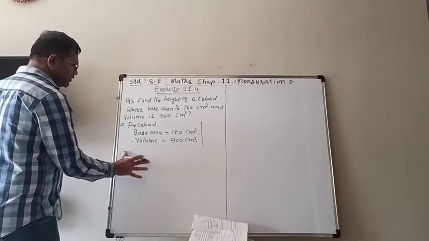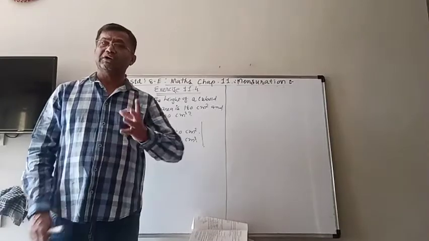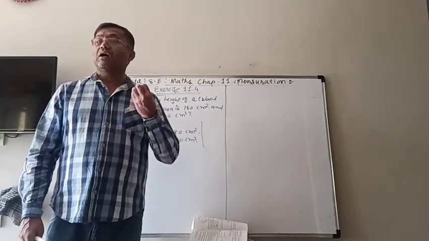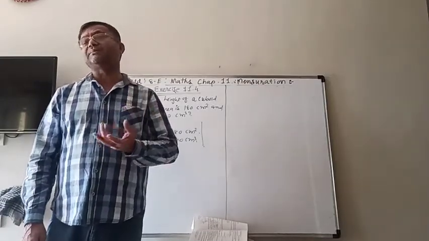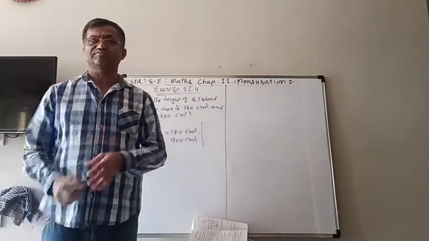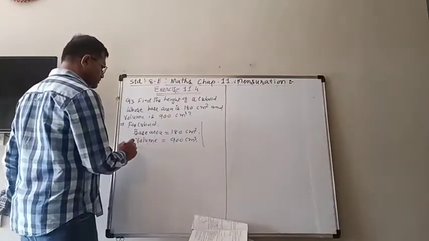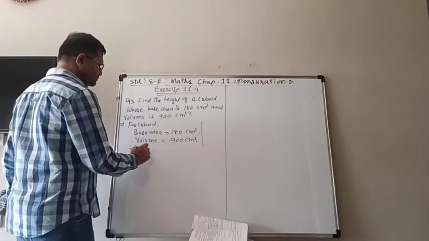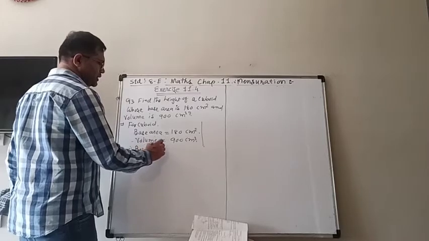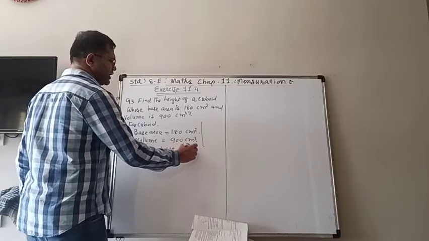So now we know the formula to find the volume of a cuboid. What is the formula? Base area multiplied by height. There is another also, L into B into H. But here when the base area is given, we use that formula. Therefore base area multiplied by height is equal to 900.